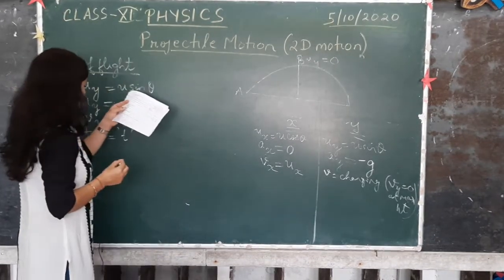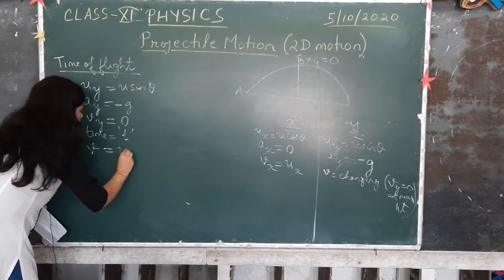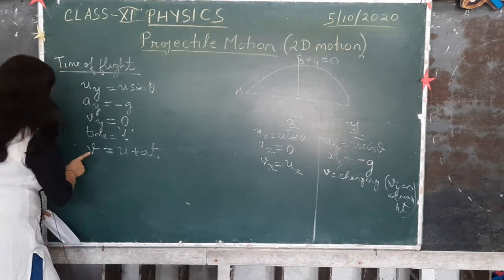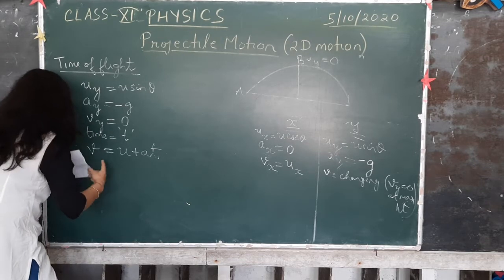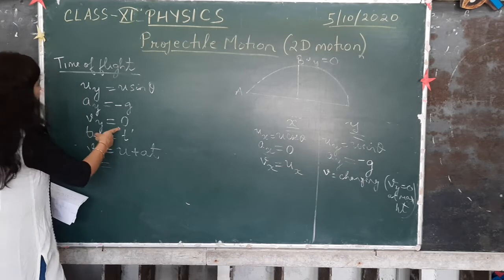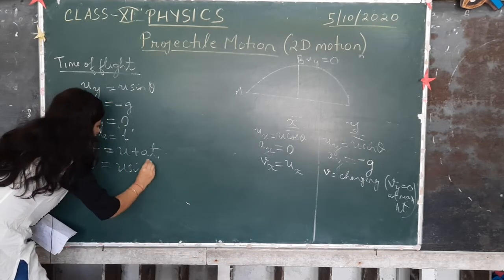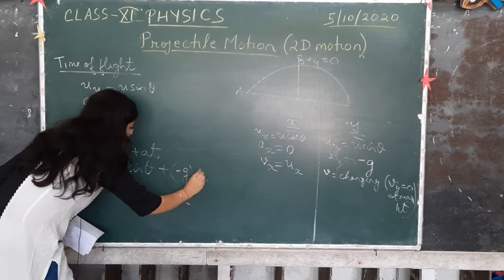Now applying the equation v is equal to u plus at, the first kinematic equation. Now V, that is Vy, is equal to 0, is equal to u, that is u sine theta, plus a, which is minus g, and time is t.